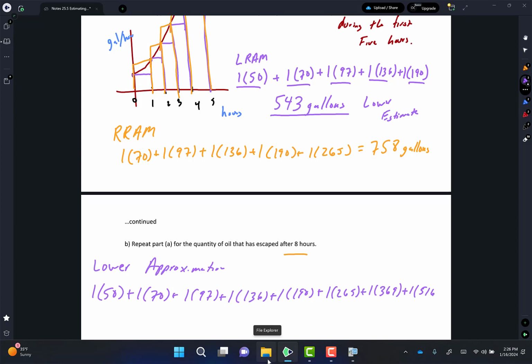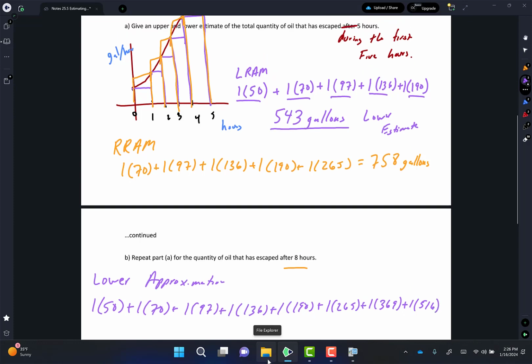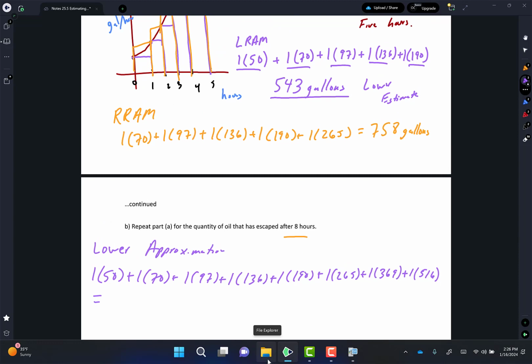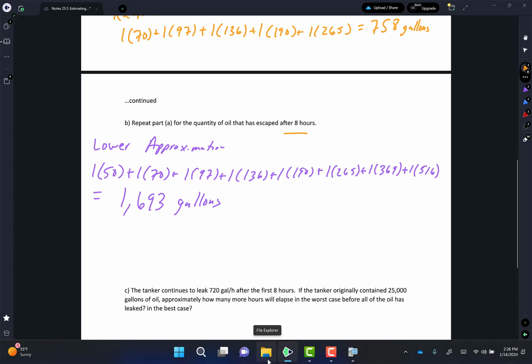Is that the last one if I'm doing lower? Yes. What do you get with that one? 1,693. 1,693 gallons. All right, engineer. Now do upper.